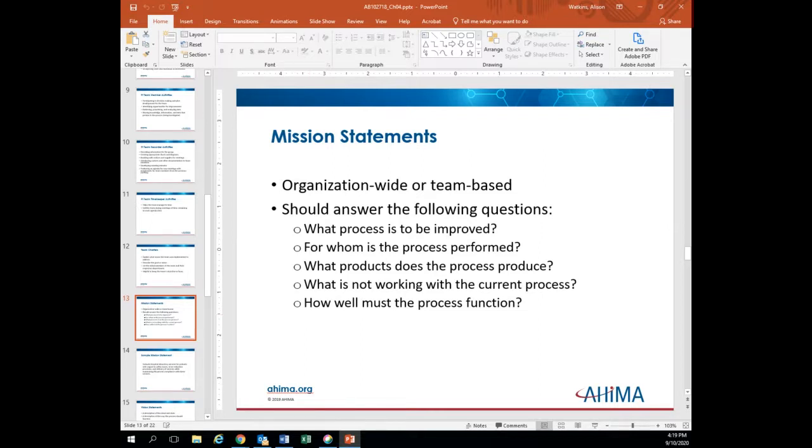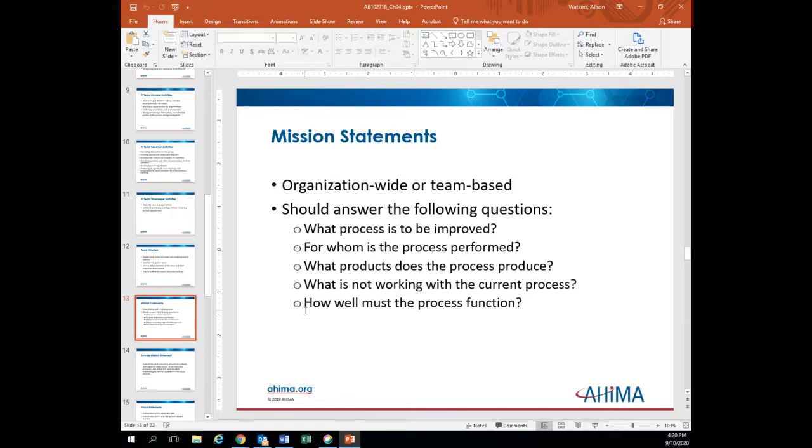Now, the next section we want to look at is all about mission statements, vision statements, and value statements. All organizations should have a mission statement. For example, here at Wiregrass, our mission statement is just a paragraph. And basically what it boils down to is that our mission statement, and if you ask any of us here, we will tell you that the mission statement is, in one word, workforce development.